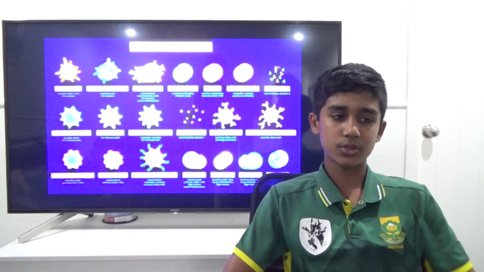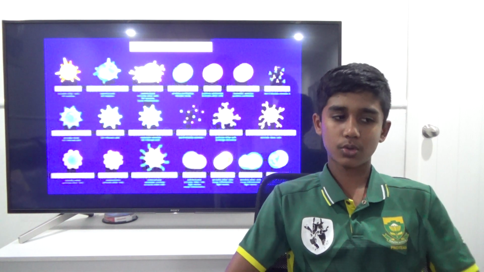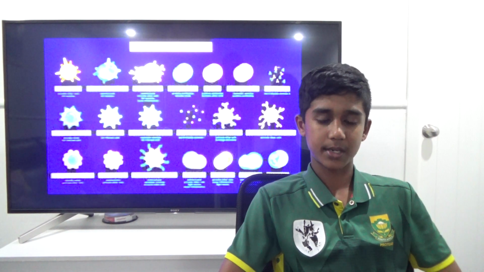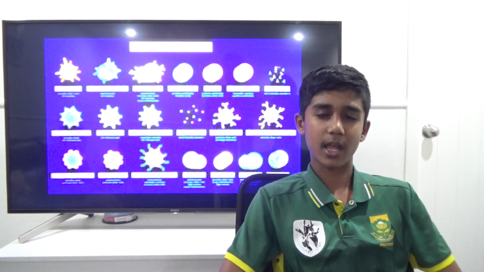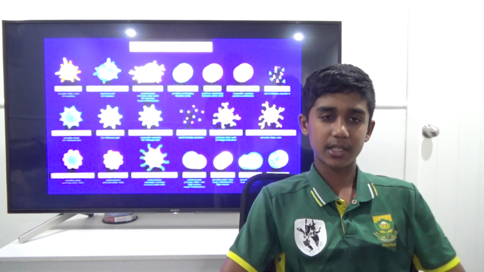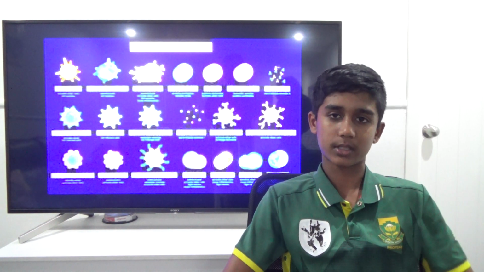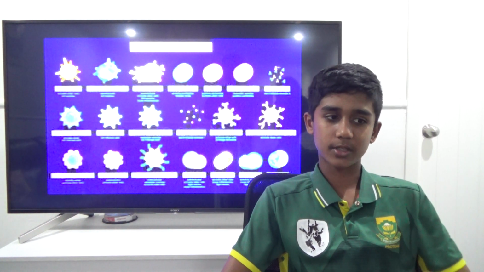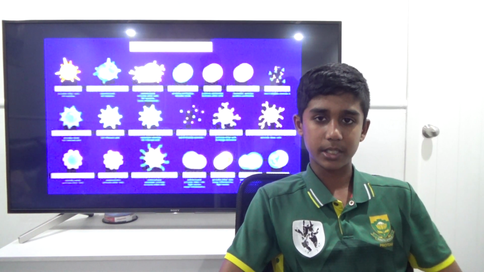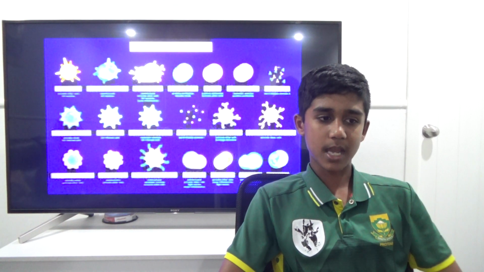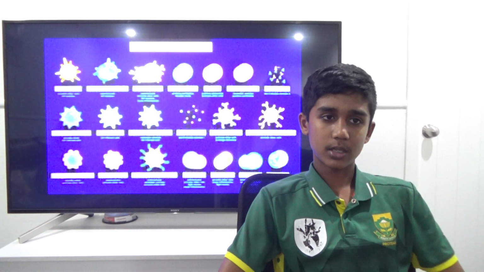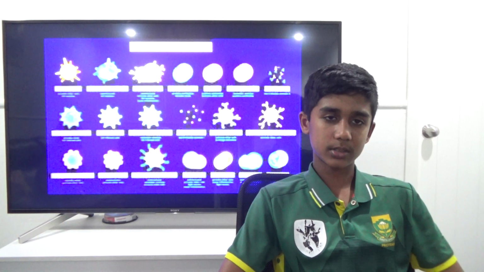So the brain chooses to call the helper cells, and the dendritic cells have ripped pieces of bacteria and present them on their outer layer, and then the T helper cell binds with the dendritic cell to make many copies of the T helper cell, and some of them become T memory cells. And then the T helper cells go to where the B cells are, and they bond with the B cells.